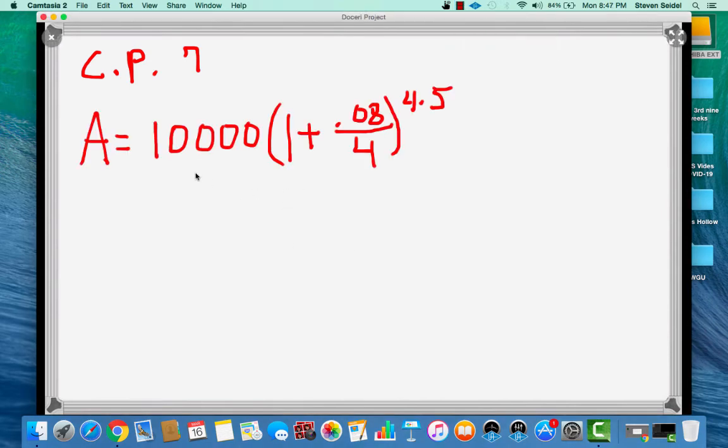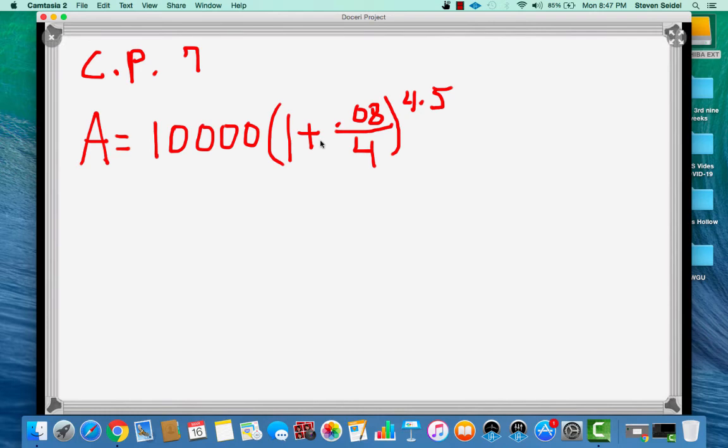Okay, so there's what I came up with for part A of checkpoint 7. A sum of $10,000 is invested at an annual rate of 8%. Notice that I put that as a decimal. Find the balance in the account after 5 years.